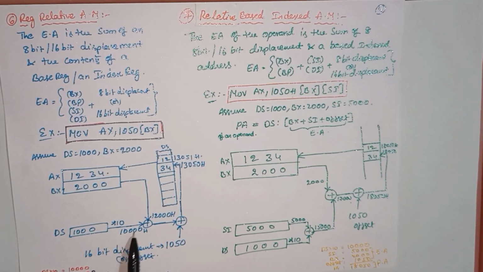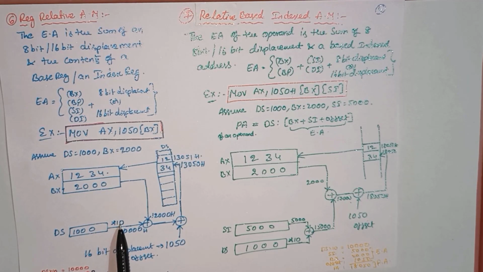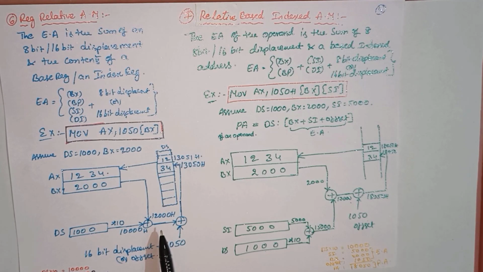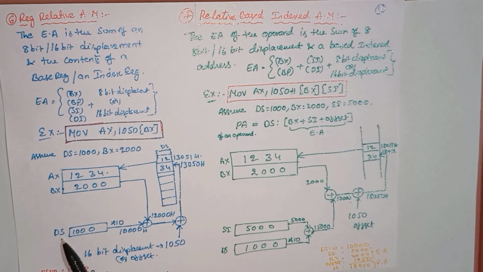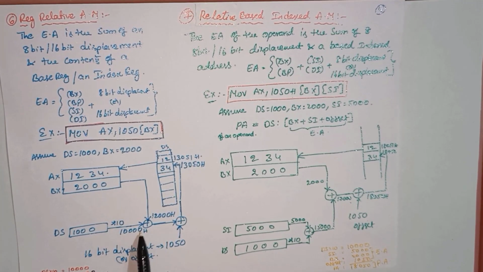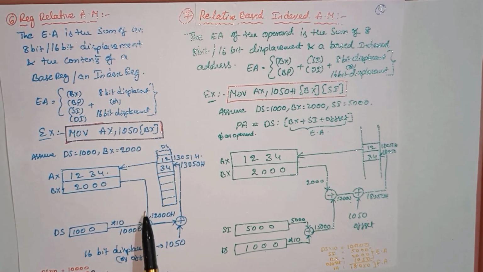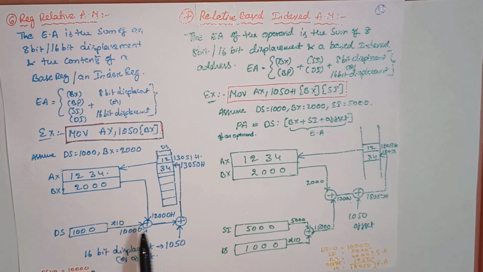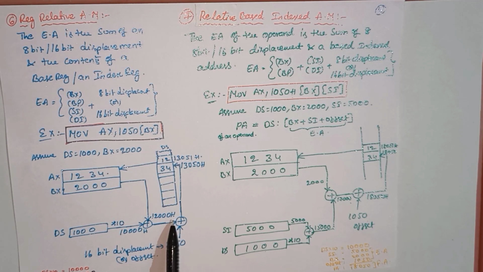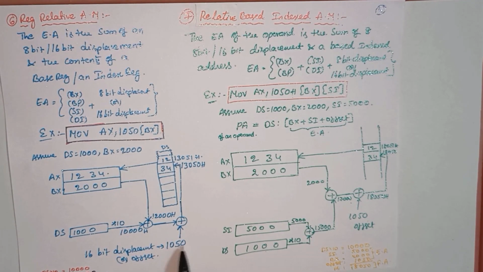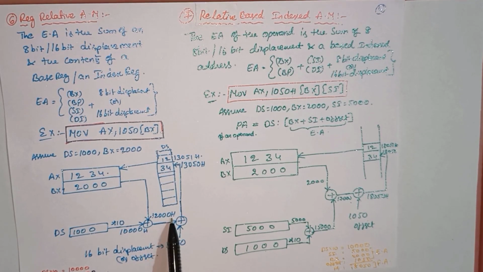Here a 5-digit address is generated by multiplying the data segment register content, the base address of the data segment, by 10. Then that will be added to the content of the BX register, that is the offset address stored in the BX register. Then 12000 is generated. Then the 16-bit displacement 1050, the relative address, is added to this resultant address.